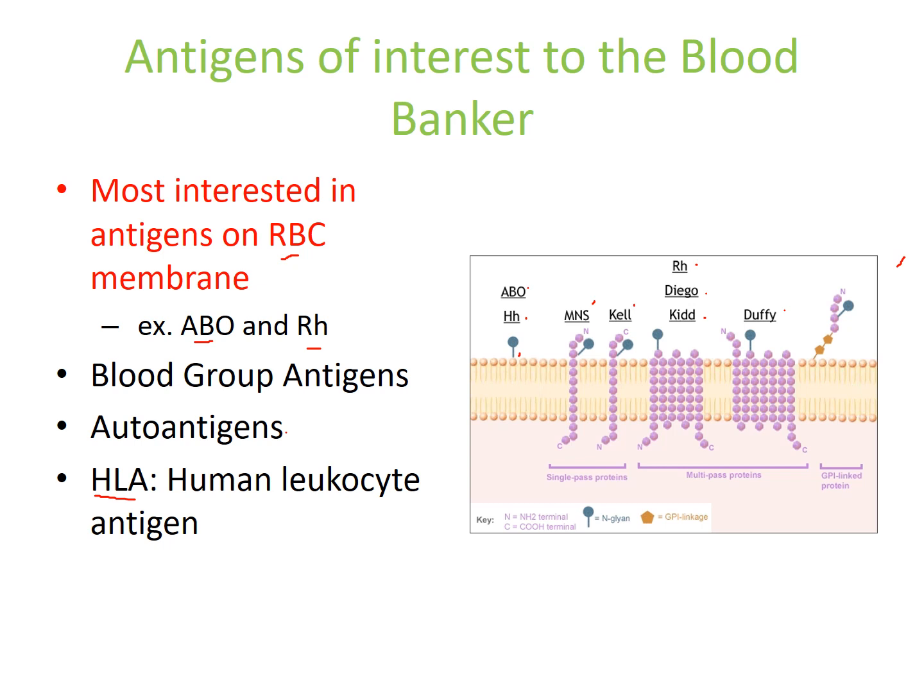Platelets also can do it. If I get one of yours, I might actually produce an immune response against your HLA, and then it can get really complicated. HLA is a lot more complicated than the RBC membranes. But for the moment, remember that in the blood bank, the ones we're interested in are blood group antigens, the red cell antigens, autoantigens, and HLA.